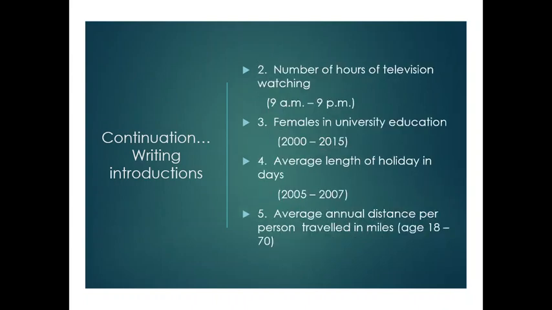All right, let's take a look at number 2. So what's given here? Number of hours of television watching, 9 a.m. to 9 p.m. So how do you think you can paraphrase this? You can start by saying the diagram or the chart or the graph shows, what does it show? It shows the number of hours. Do we have any other term that we can use instead of this?